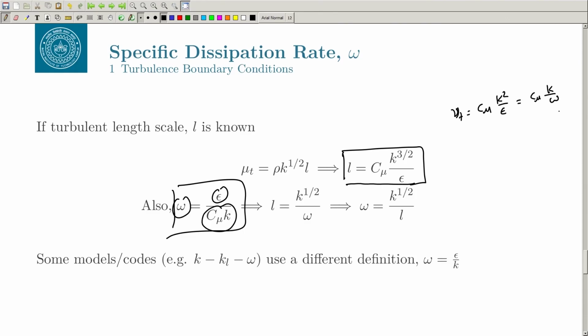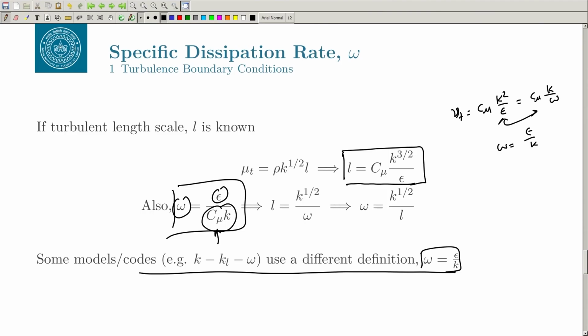Okay. It depends whether you want to use c mu here or not. So, from there you can compare these two, and this will become omega equal to epsilon by k. And if you do not have c mu, because in some of the models you use omega equal to epsilon by k, and in some of the models you use omega equal to epsilon by c mu k, right. So, again you have to see which code you are using.